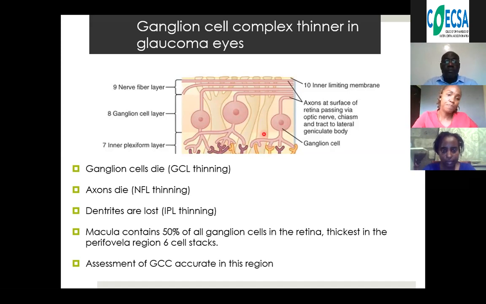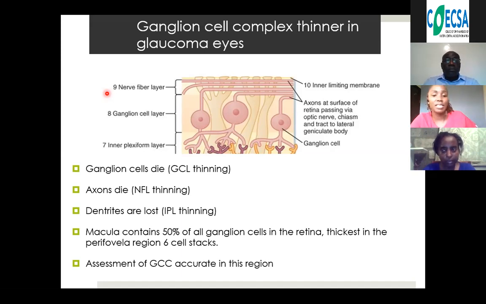So why is it important to measure the ganglion cell complex? You find that the macular region contains about 50% of ganglion cells when you compare it with the whole of the retina, and especially at the perifoveal area, there are about 6 stacks of ganglion cells.